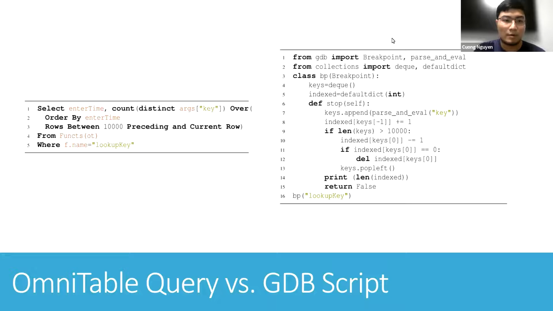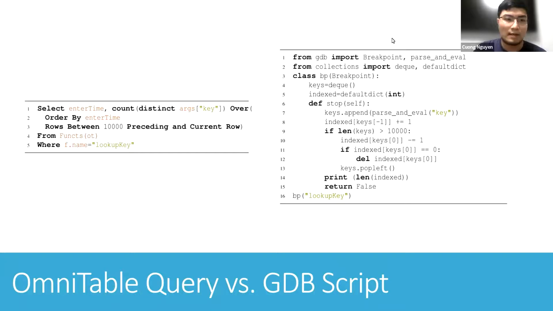So here I'm showing the query code on the left, written as an OmniTable query. It's the first query that I showed previously to determine the working set size of the execution. And on the right is a Python script to collect the same kind of data, but using GDB.